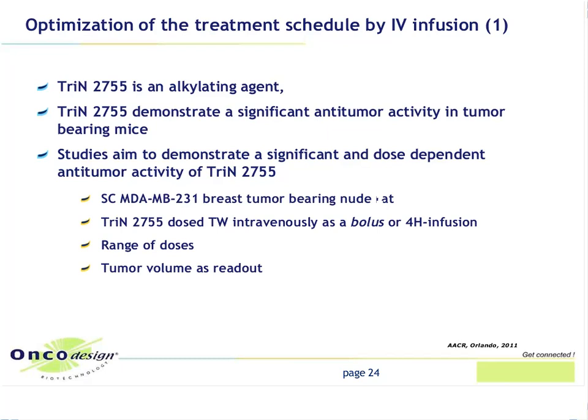So we used here tumor-bearing rats, and the tumor was MDA-MB-231, a human breast carcinoma. The drug was dosed twice a week by IV bolus or 4-hour infusion. So it means that we put a catheter inside the femoral vein in order to infuse the drug during 4 hours twice a week.